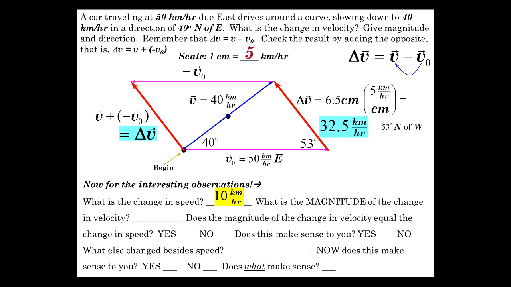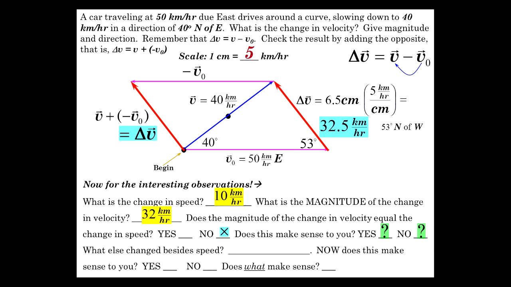Now, what's the magnitude of the change in velocity? Thinking again, well, let's see, oh, we did this. And the size of that change was 32 kilometers per hour. I'm just rounding it down in this case. Well, does the magnitude of the change in velocity equal the change in speed? Looks like no.